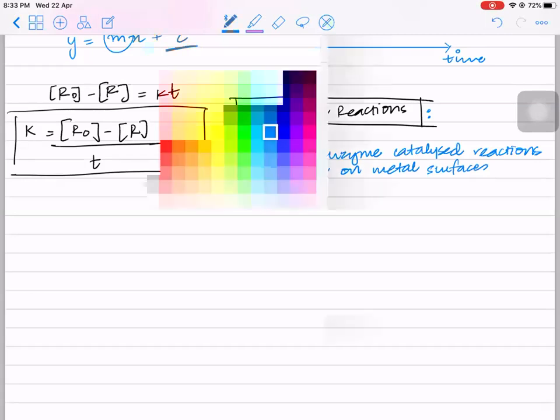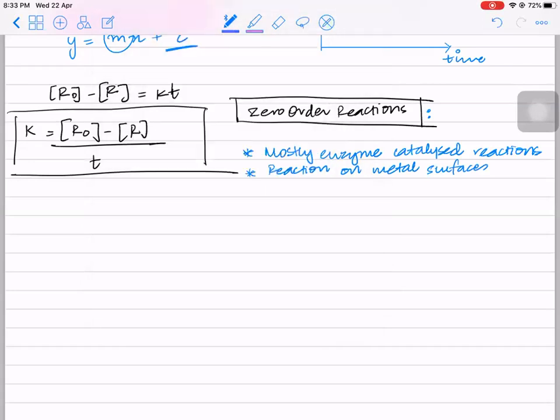For example, let's take an example of ammonia dissociating: 2 moles of ammonia gas dissociating into nitrogen plus 3 moles of hydrogen. This happens in the presence of a platinum catalyst, which is a metal, at 1130 Kelvin temperature and very high pressure.